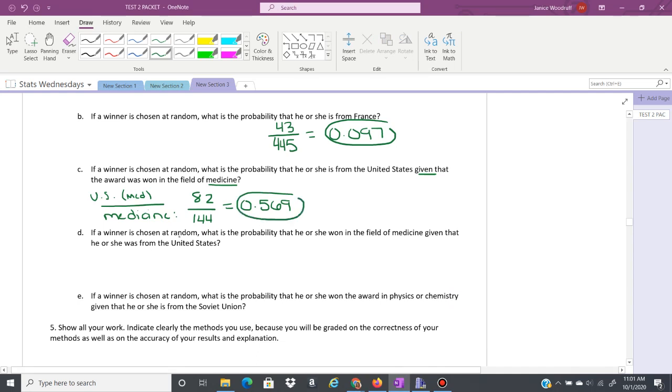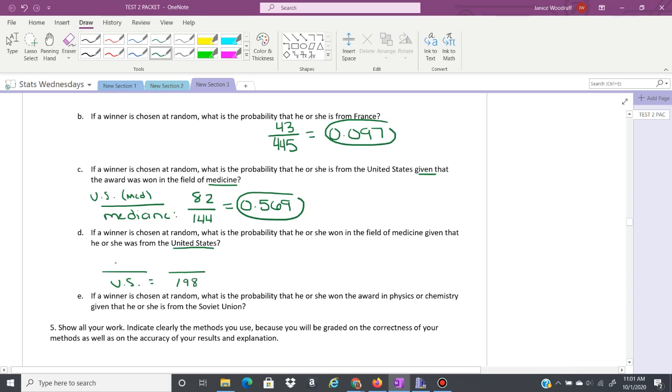Okay, then flip that. If a winner is chosen at random, what's the probability he or she won in medicine, given they're from the United States? So now the US is your denominator. How many total prizes from the US were there? 198, yeah, so 198 from the US.